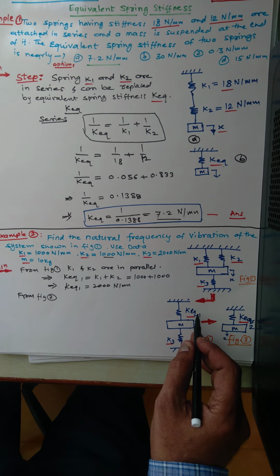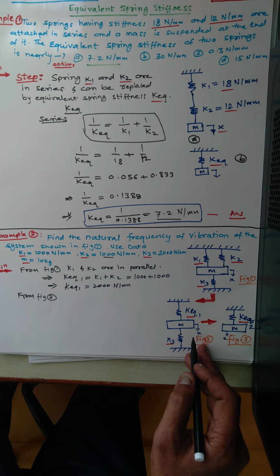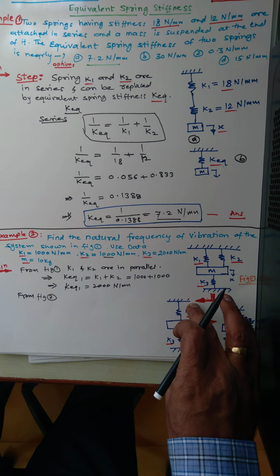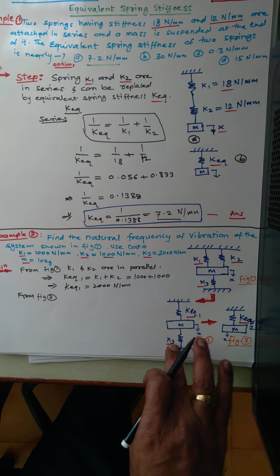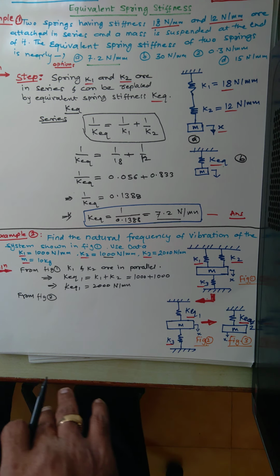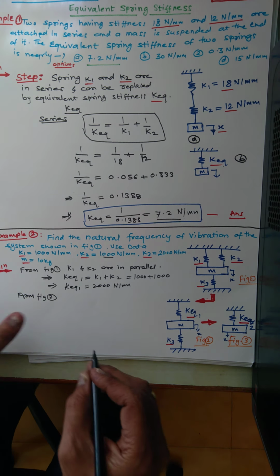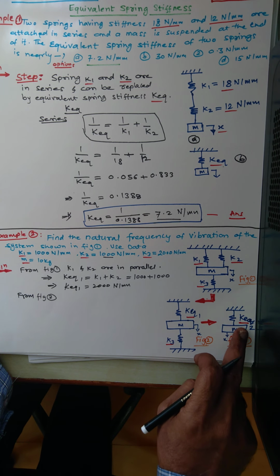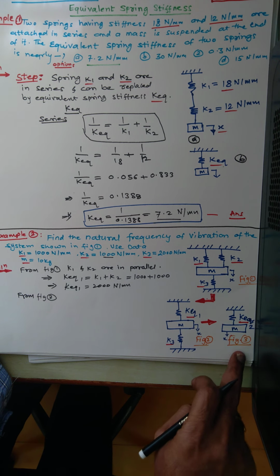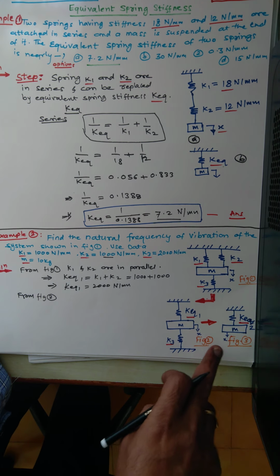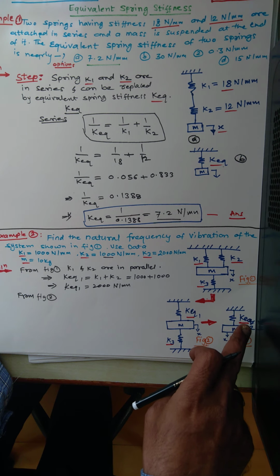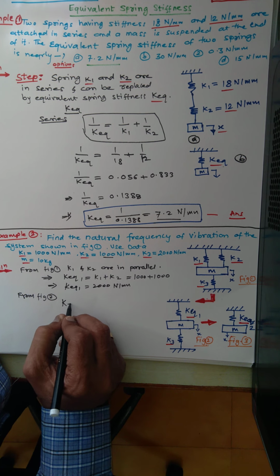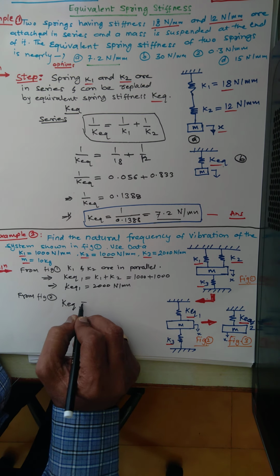Now these two springs are again in a parallel system, so we have to find K equivalent 2. This is figure 3, the final figure showing the total equivalent spring stiffness of all the 3 springs, K equivalent 2.